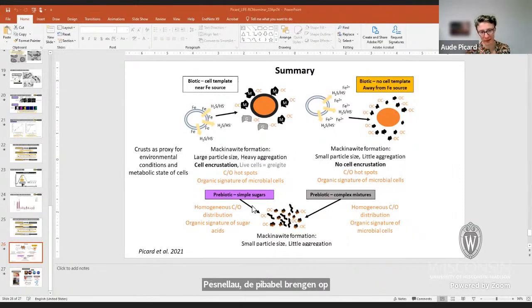Basically, we started with small compounds, so we had those abiotic conditions, and then added iron. So we added those molecules, and then we added sulfide, and then we looked at the carbon using X-ray spectroscopy.